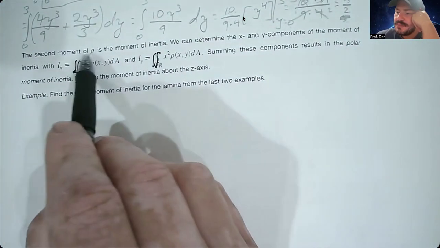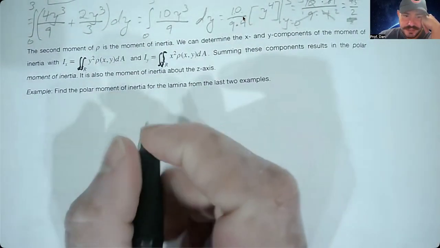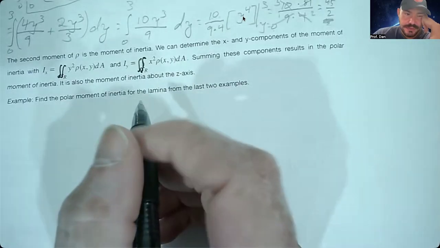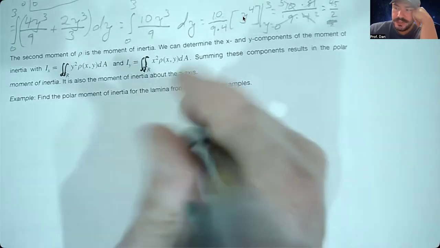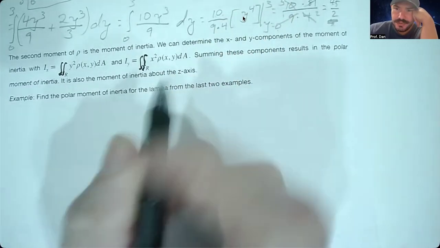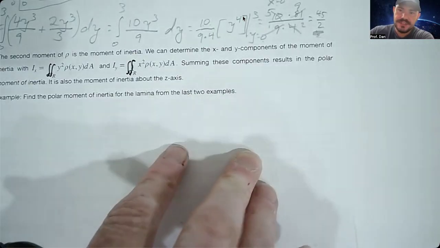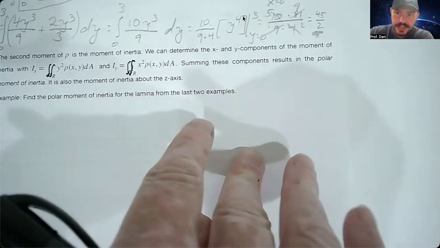So that said, the second moment of rho is the moment of inertia. We can determine the x and y components using these formulas, okay? And summing these gives us what we call the polar moment of inertia. That's the moment of inertia about the z-axis. So if I have motion going on in the xy plane, there is some inertia in the z-plane.